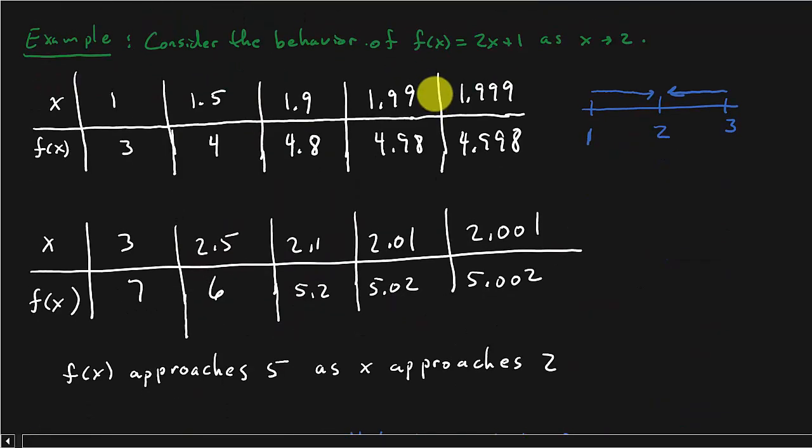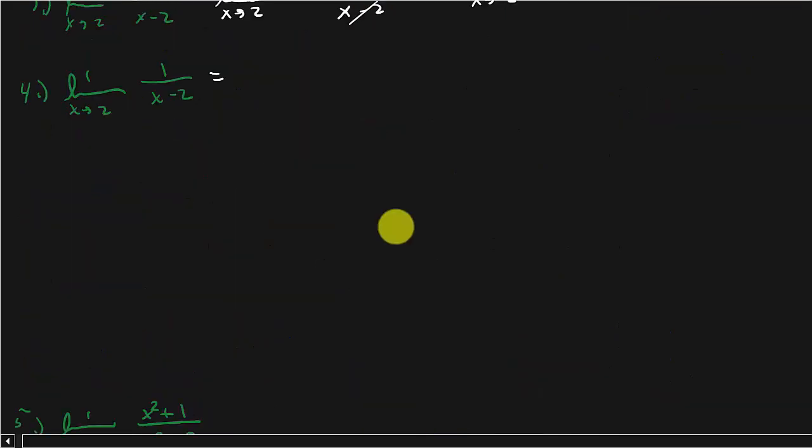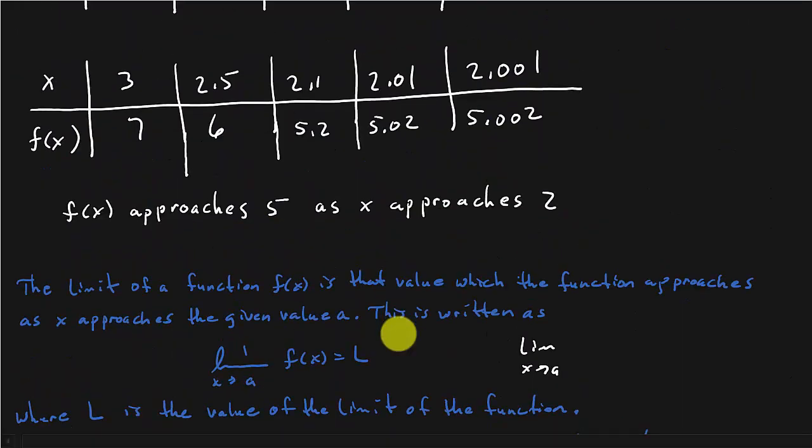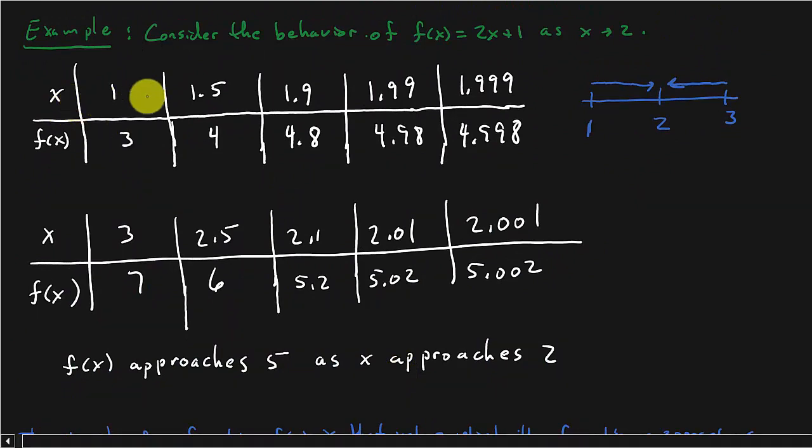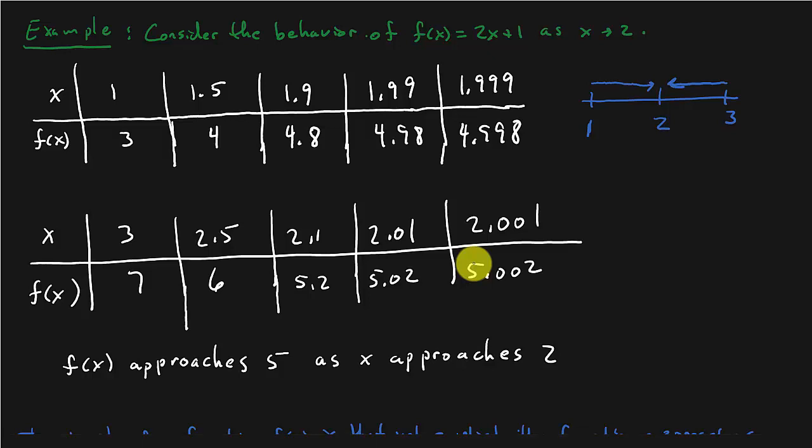But remember in this table, the x values, we came in from the left and we came in from the right. And the other thing to notice is that as we're coming into x from the left-hand side, it's approaching 5. As we're coming in from the right-hand side, it's approaching 5 also. So the limit from the left and the limit from the right were the same. And if those two limits are the same, then that's your limit.